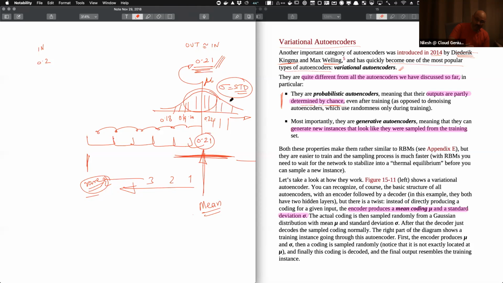So that probabilistic nature of the output is the idea underneath the variational autoencoder, which is how reality is, by the way. It's not exact, it is approximate. In real life, most things in life are actually probabilistic in nature. In fact, that's how even we speak.